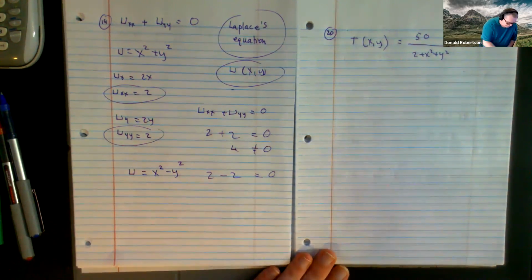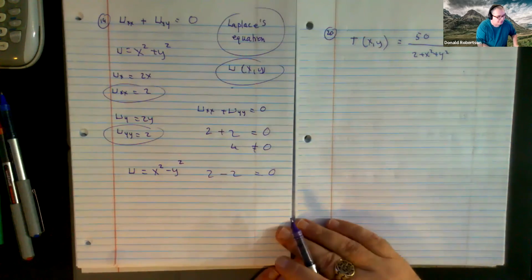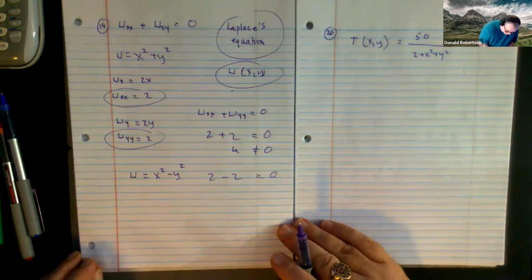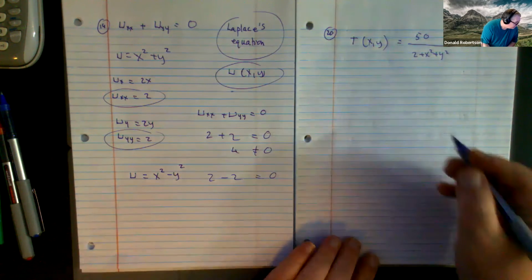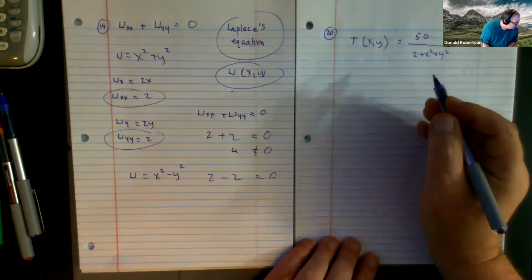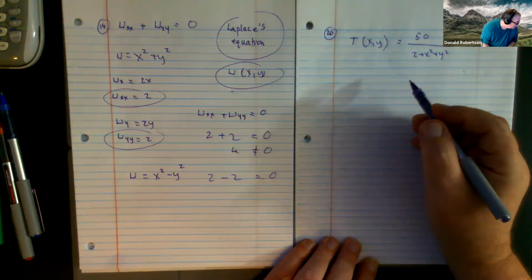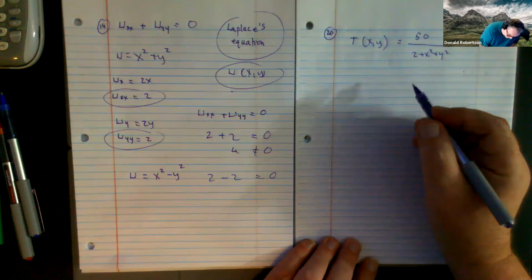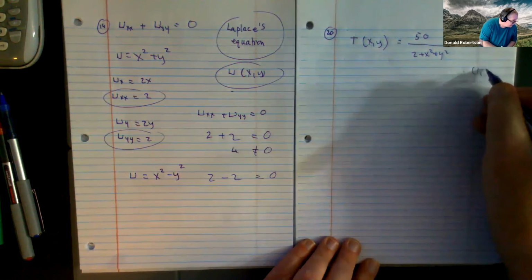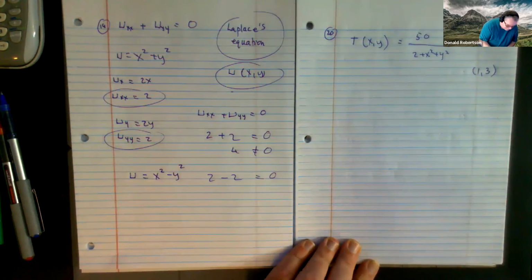It might actually solve Laplace's equation. I'm not going to say it does because I haven't checked. So we are being asked to find the rate of change in temperature with respect to distance at this point, and it's going to be in the x direction.